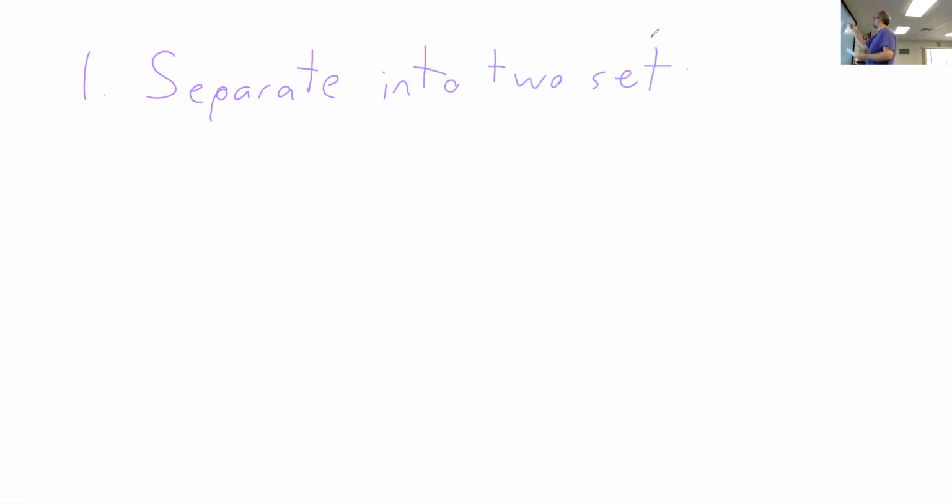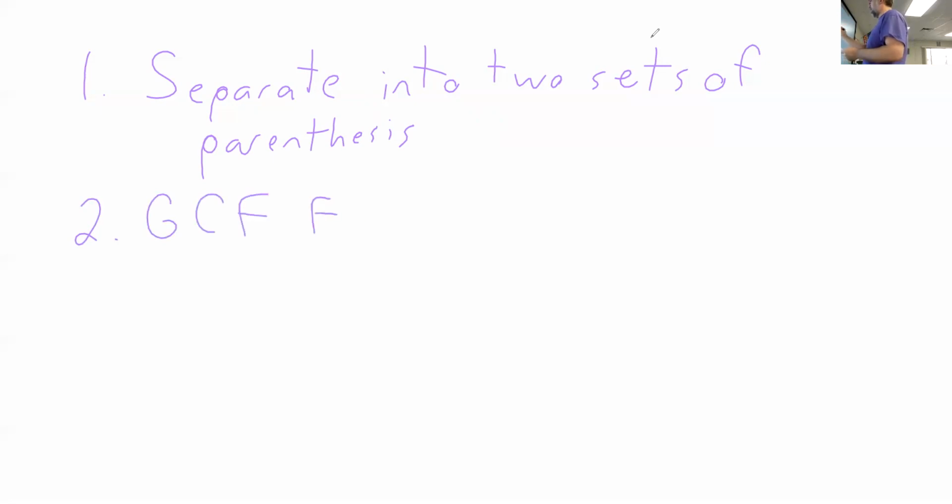So our steps. Step one, you separate into two sets of parentheses. And step two, and it'll make more sense when we do it, GCF, factor both sets. We're continuing that little theme as well.